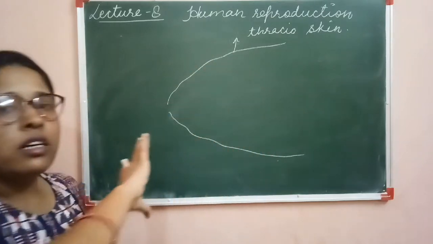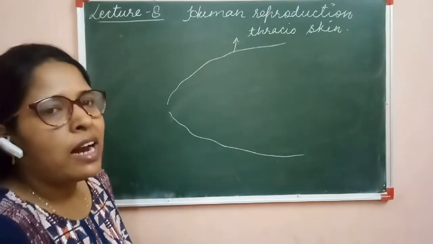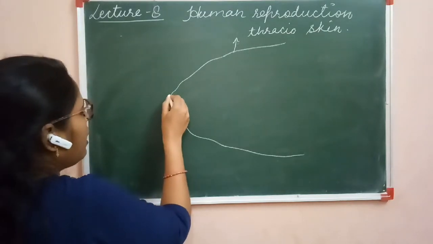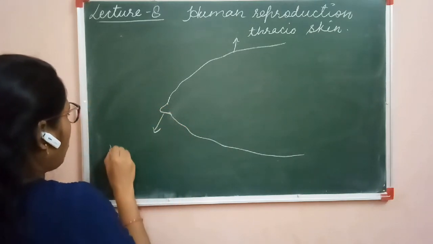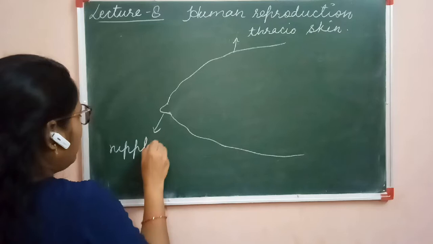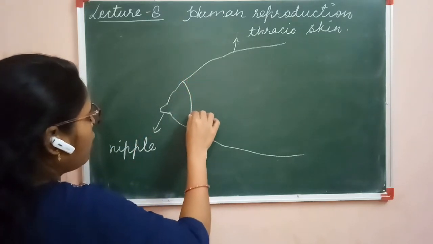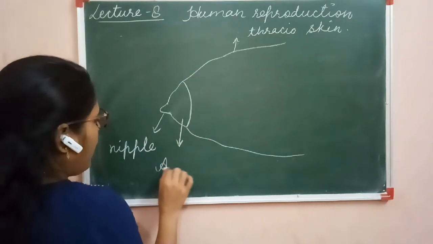Actually, these are modifications of the sweat glands. Clear? Sweat glands get modified in the form of mammary glands. Here, a small bulging structure is present. This is called the nipple. This dark, deep pink or brownish colored structure is called the areola.